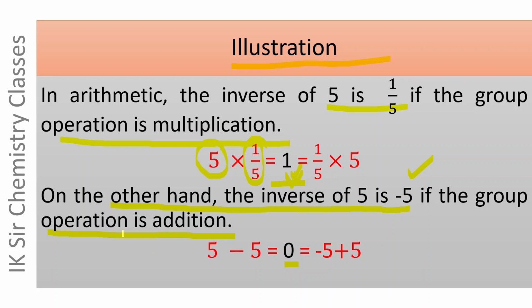When the group operation is addition, the identity element is 0, and 5 added to its inverse is equal to 0, and the law of commutation holds good here also. 5 minus 5 is equal to 0, or minus 5 plus 5 is also equal to 0.